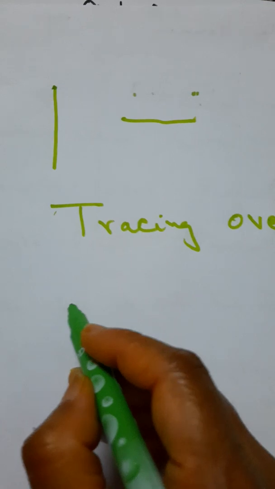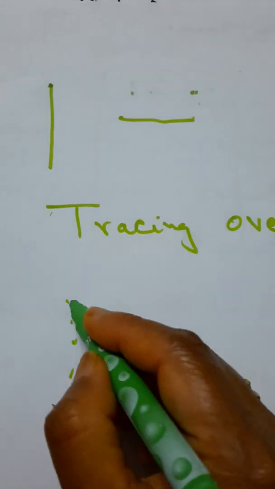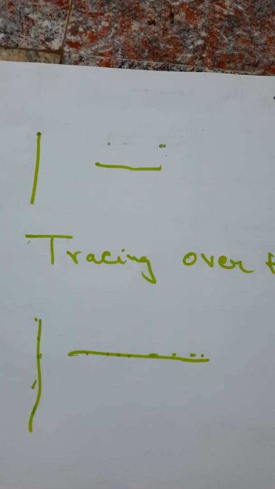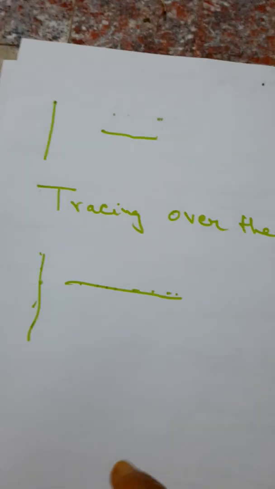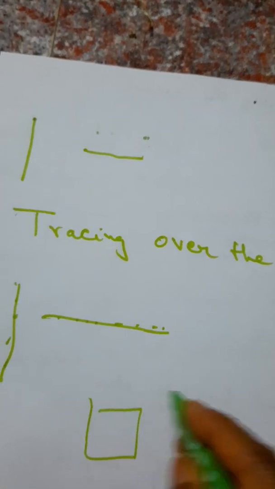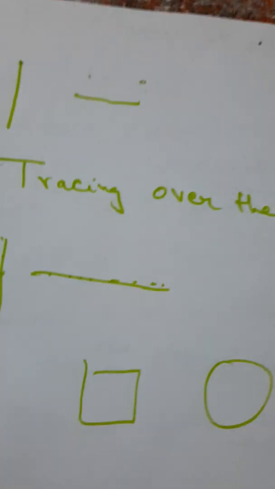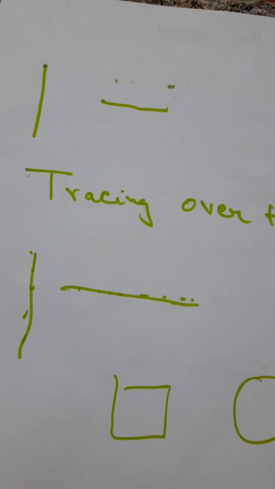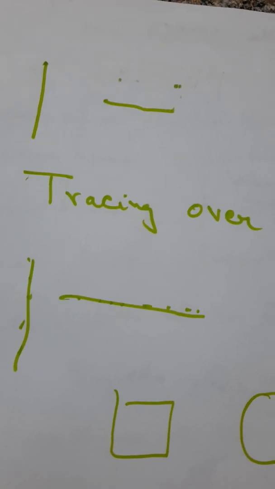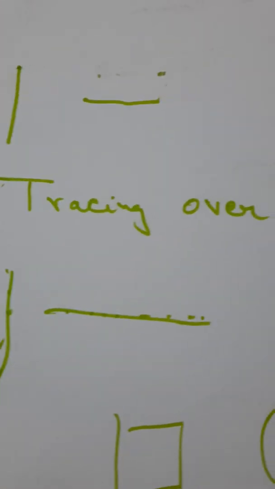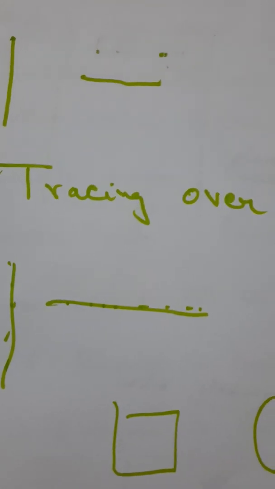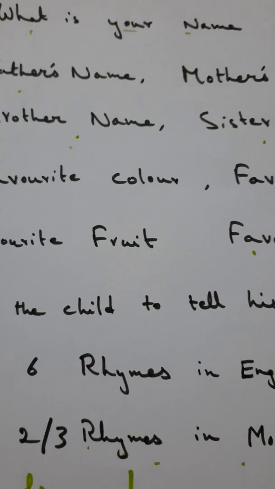For example, this one, the child must be able to trace over simple lines and simple shapes like square, circle, all these things. So this is enough for a child who is 2.5 years, so that these basic skills will help him in his nursery class.